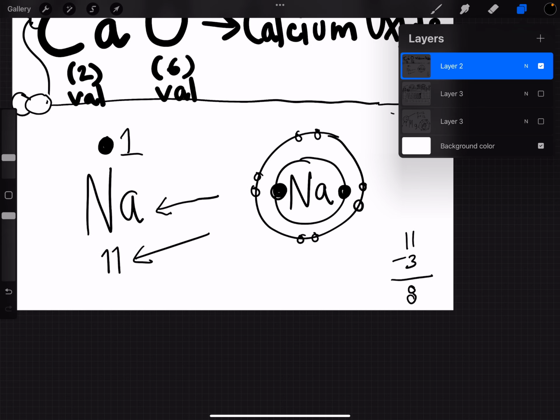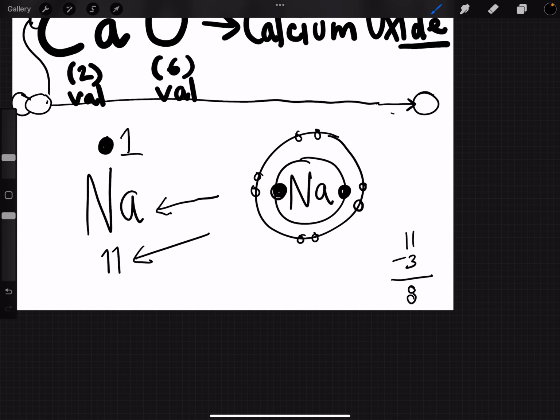Okay. Anyway, how do you find out the charge of this? Well, since you removed one electron, and we know that Na also has 11 protons and 11 electrons. Remember that the number on the periodic table is the amount of electrons and protons, so it has 11 electrons and 11 protons.